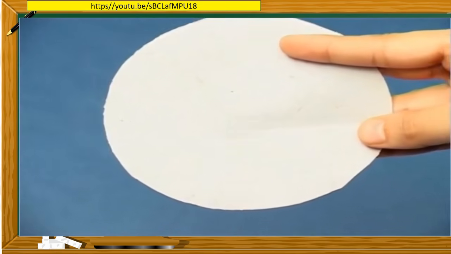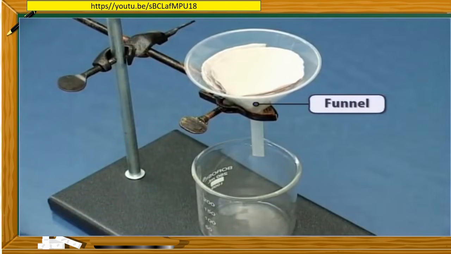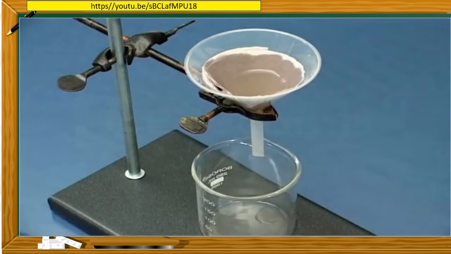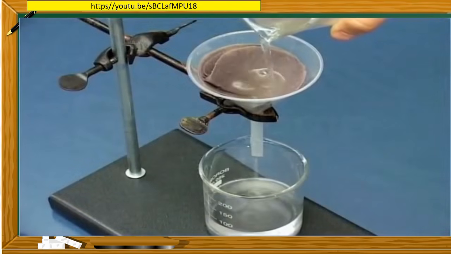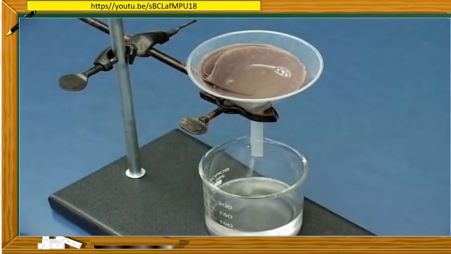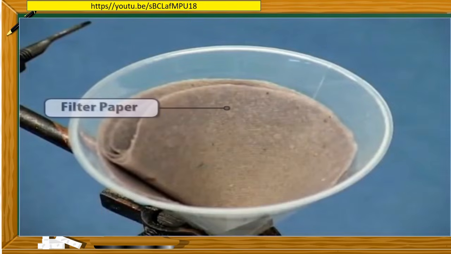A filter paper has smaller pores than cloth and hence can be used for this purpose. Place the filter paper in the funnel and pour the water obtained after filtration with cloth. Look at the filter paper after filtration.